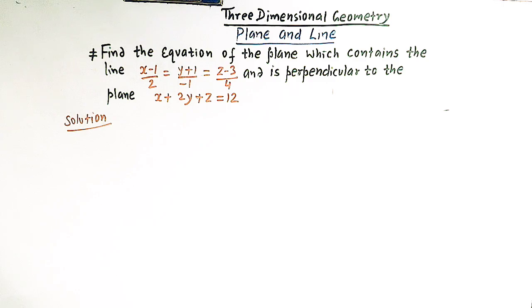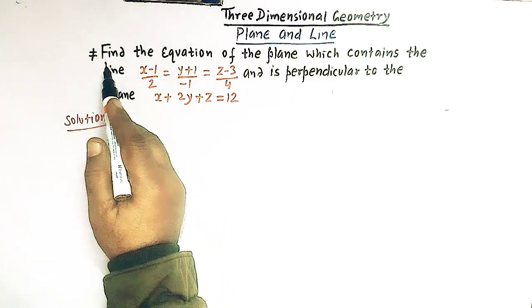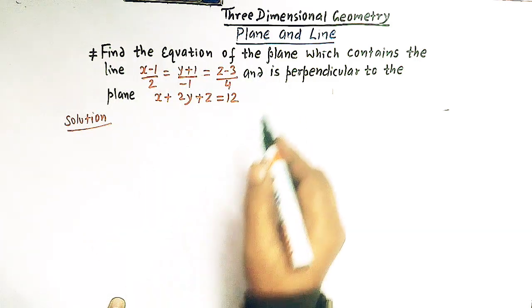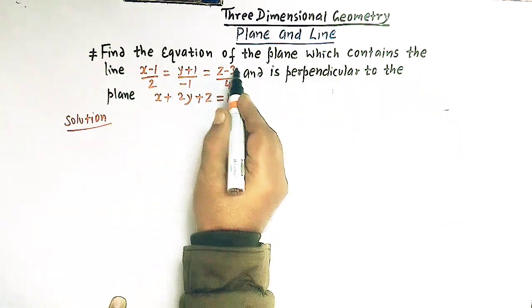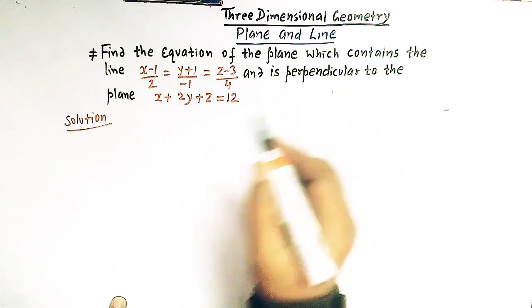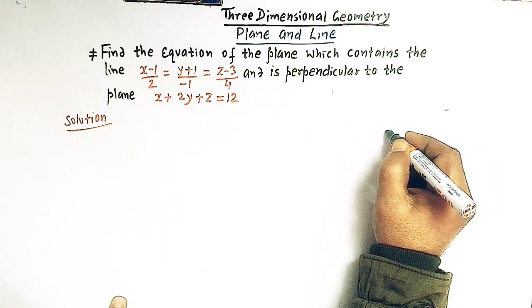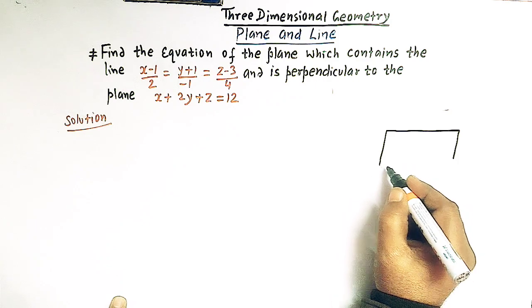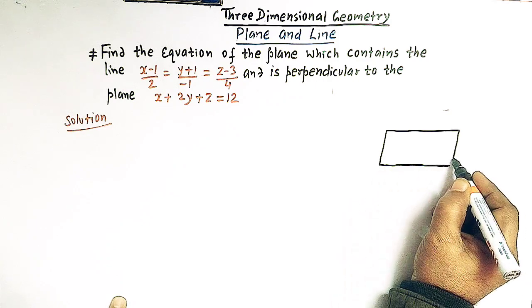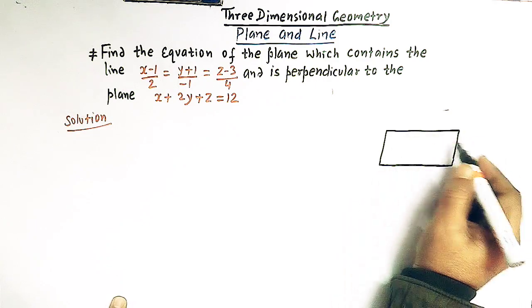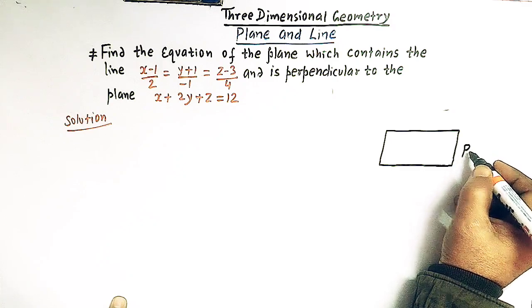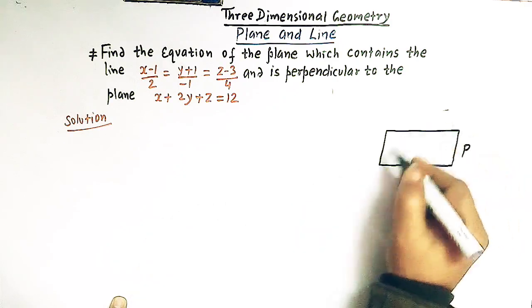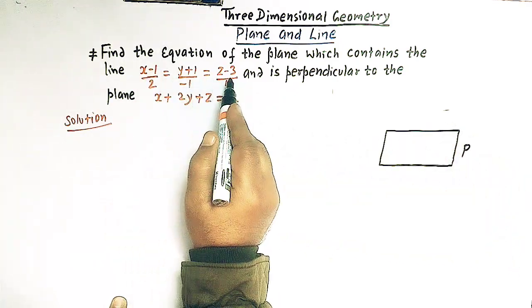So now let us first understand this problem with the help of a rough diagram. We have to find the equation of a plane which contains this line. Let us draw the plane like this. Suppose this is the plane whose equation is to be determined, and let us take this plane as plane P. This plane P contains this line.